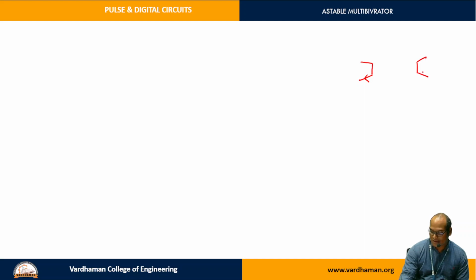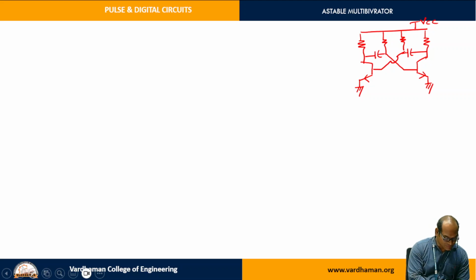So once again, I am drawing this astable multivibrator using NPN transistors. In this way, the circuit is available. This is Q1 transistor.